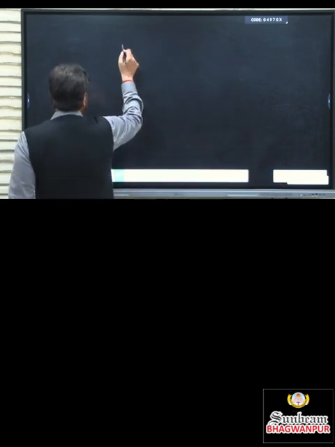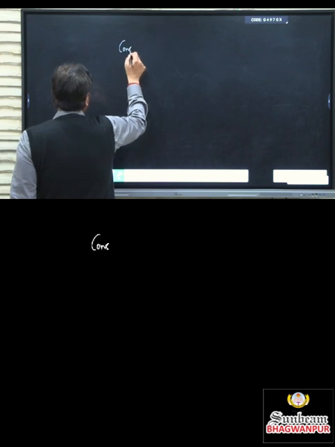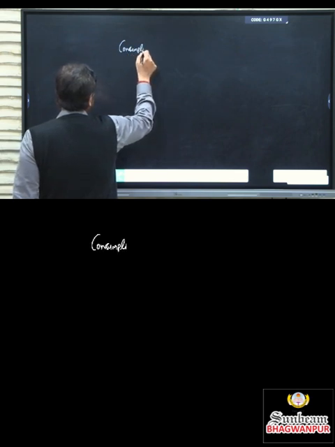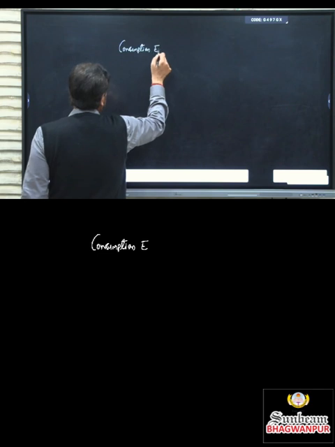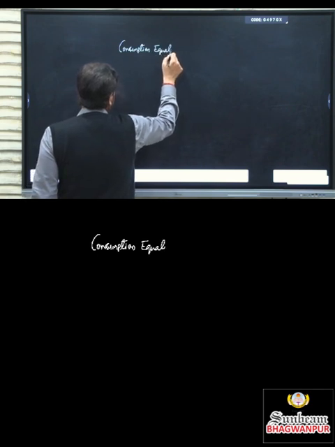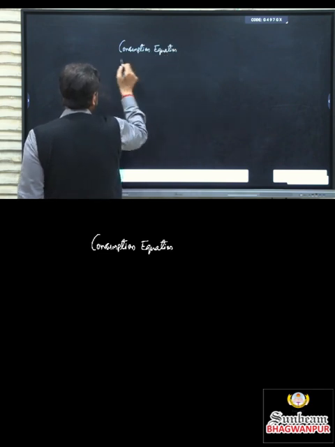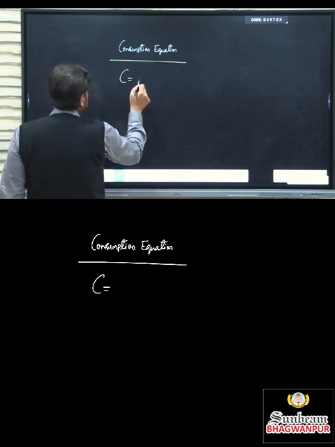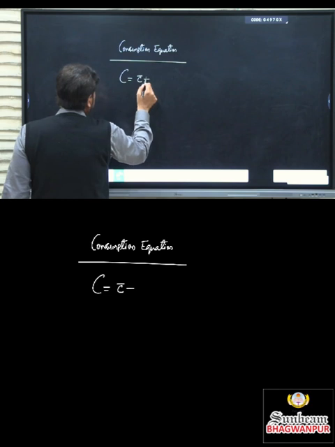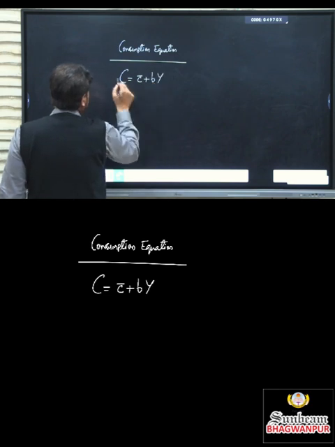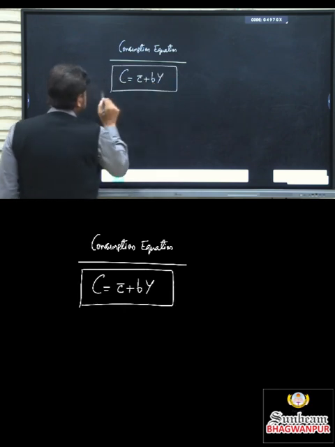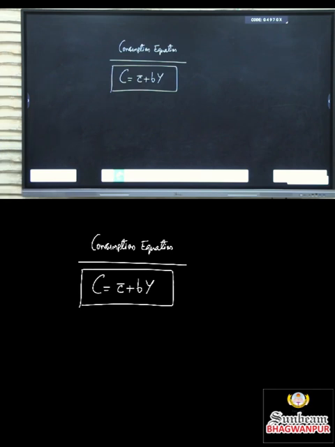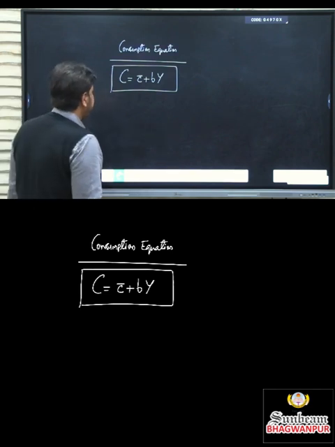There is one concept of the consumption equation, which is also called the consumption function. C is equal to C bar plus bY.